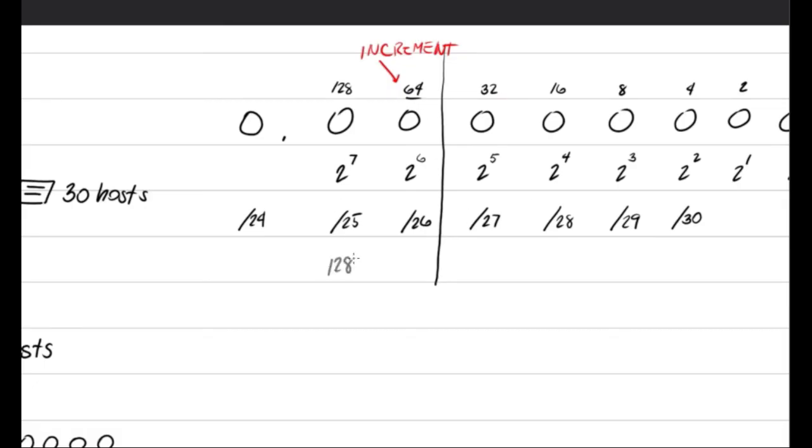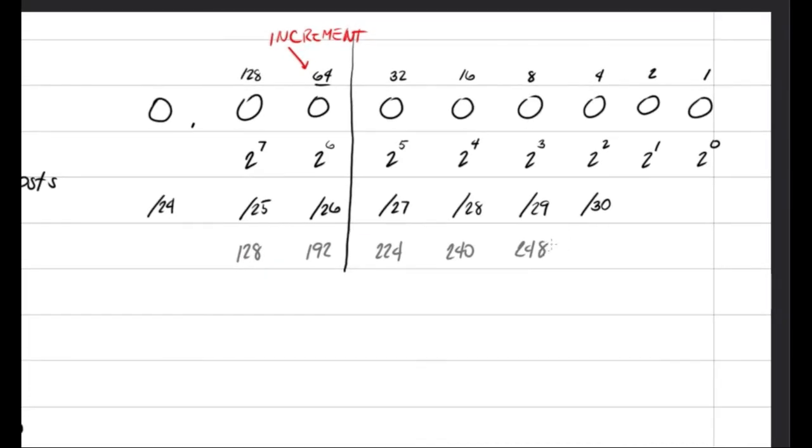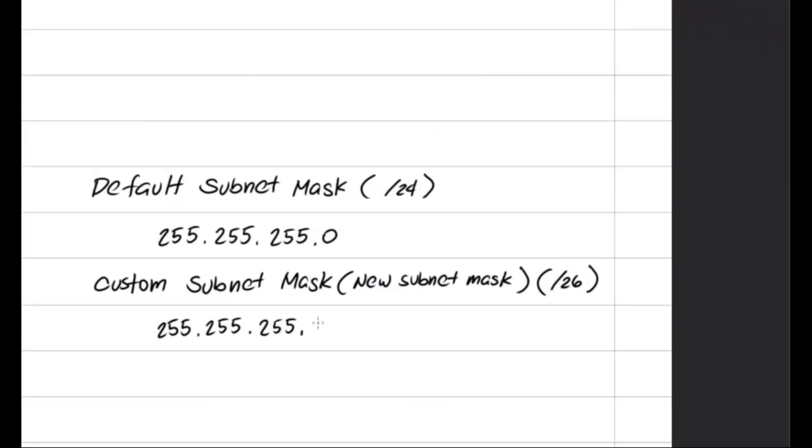So 128 plus 64, it will be 192. 192 plus 32, it will be 224. 224 plus 16, it will be 240. 240 plus 8 will be 248. 248 plus 4, it will be 252. 252 plus 2, it will be 254. 254 plus 1, it will be 255. So since our host is 64, automatically our custom subnet mask will be .192.